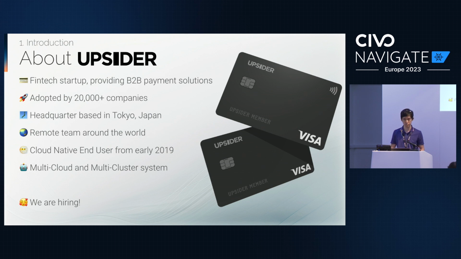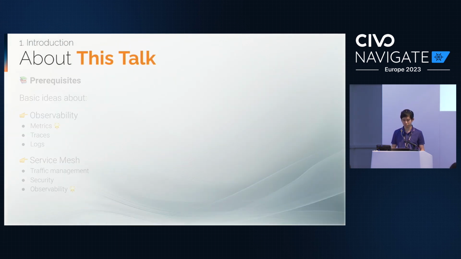So the business is in Japan, but it doesn't mean that it's only a Japanese company operating only in Japan. We have been a cloud native end user for a while, from early 2019, and we deploy multi-cloud and multi-cluster systems in production. So that's why we wanted to bring you what we have learned over the years. And we are hiring, so if you're curious, come hit me up.